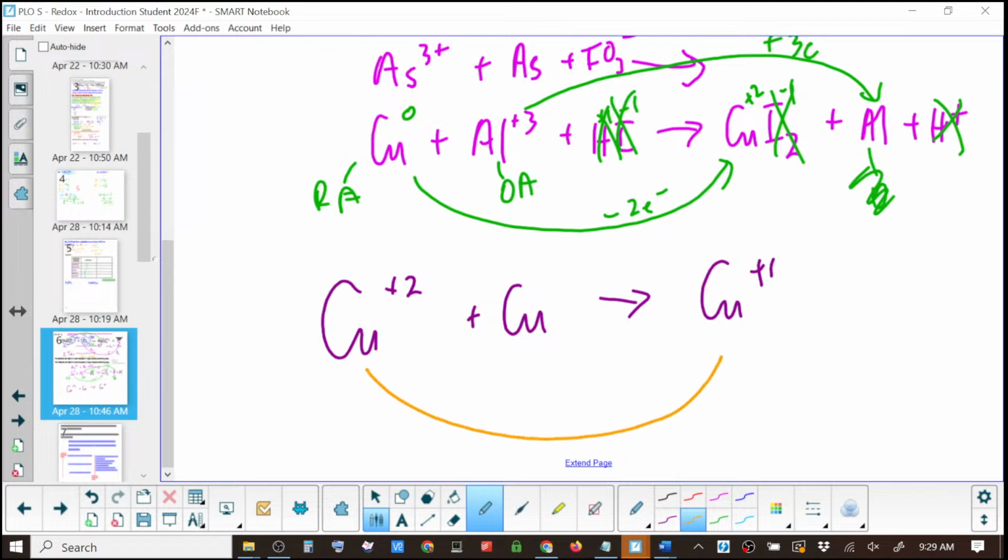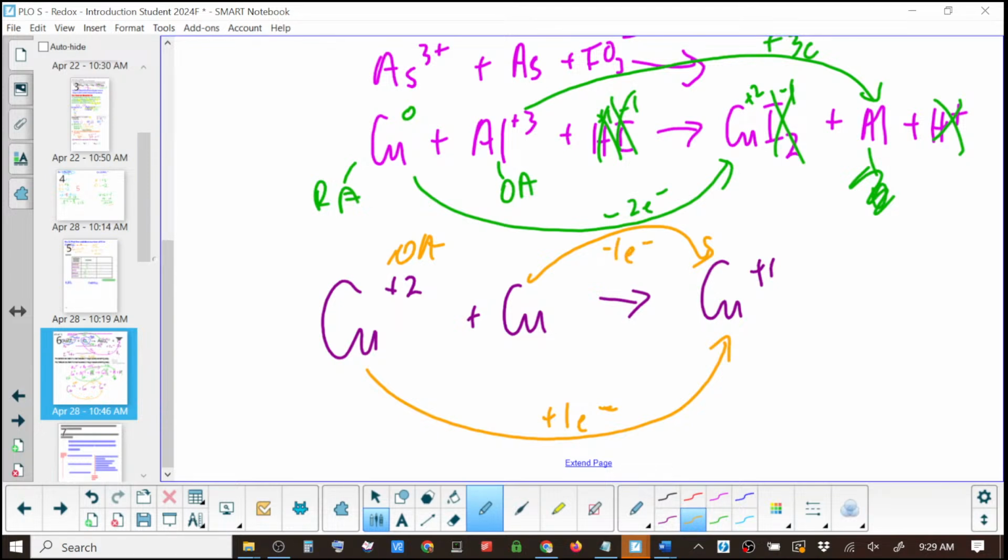What did this do? To go from +2 to +1, what do you have to do? It gained an electron. Gain an electron, reduction, oxidizing agent. What did this one do? It lost an electron.